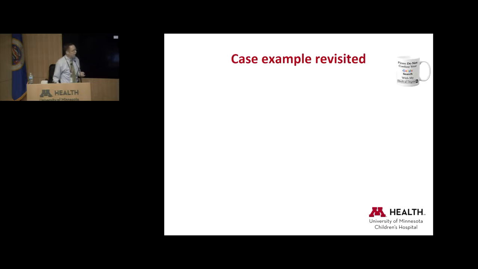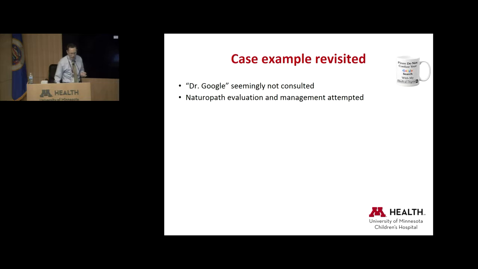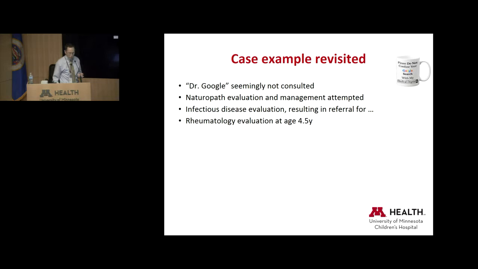So going back to this case example, Dr. Google seemingly was never consulted on this patient early on, and this child, it turned out, had gone through a naturopath evaluation and management, and then had an infectious disease evaluation, which led to referral to rheumatology.